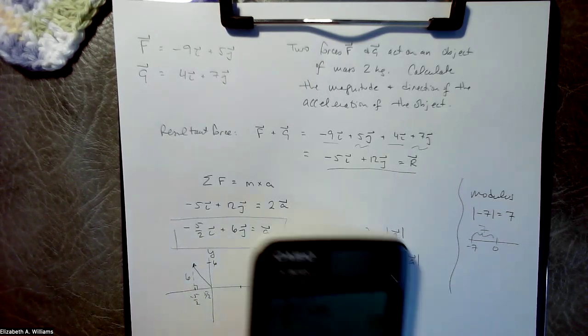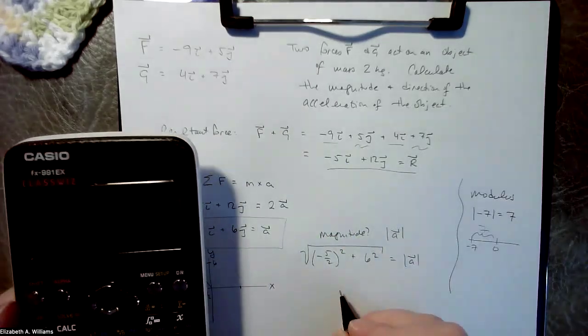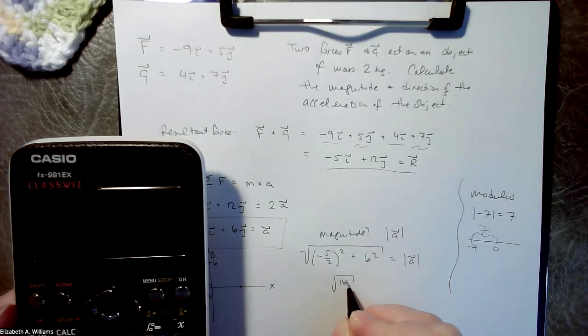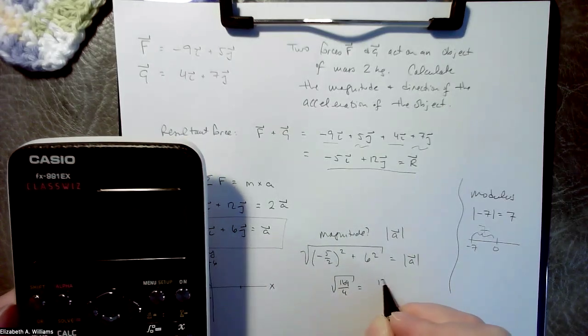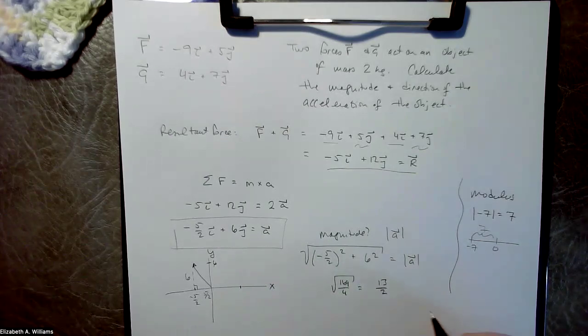Oh, that's not bad. That's going to be 13 over 2. You work with these numbers long enough, you learn your square roots. So 13 over 2 is the magnitude of my acceleration, and I suppose that's meters per second squared because acceleration.